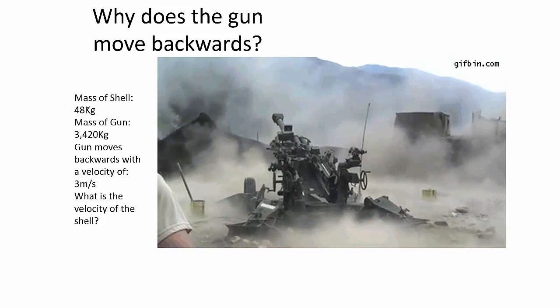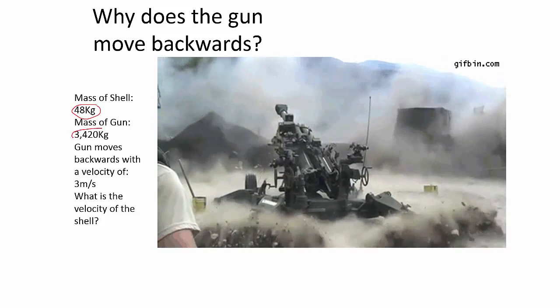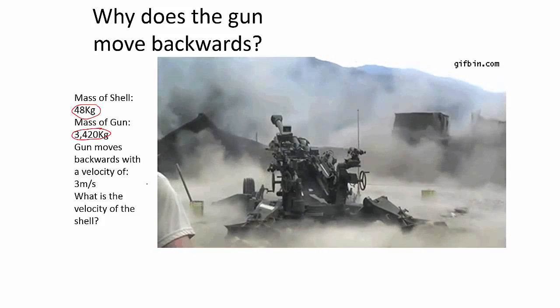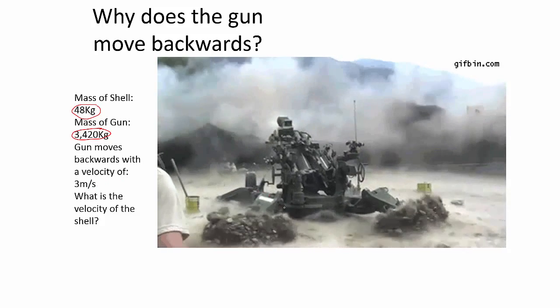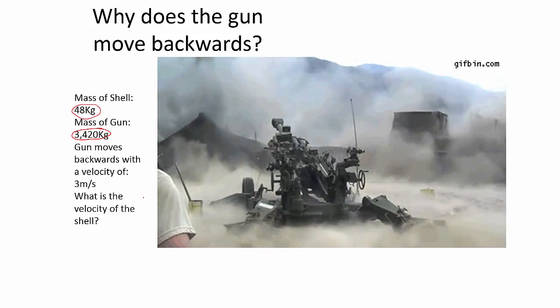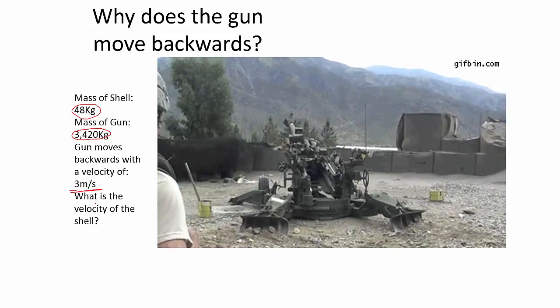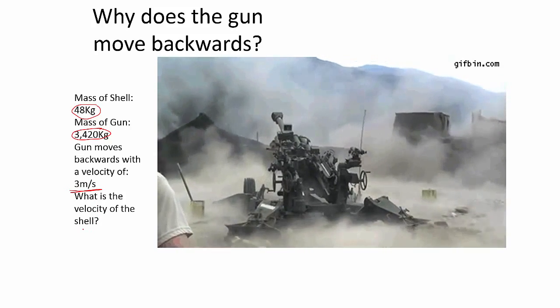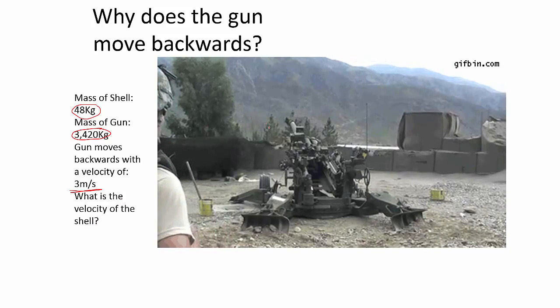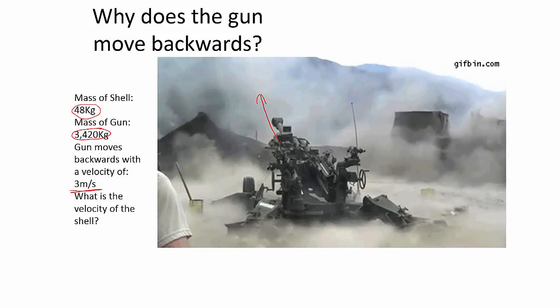We have a shell of mass 48 kilograms and a gun far more massive, 3,420 kilograms. The gun has moved backwards there about 3 meters in 1 second. It's moving at a velocity of 3 meters per second. In this question, I want you to try and work out what velocity the shell must move in this direction, off that way, if momentum is going to be conserved.